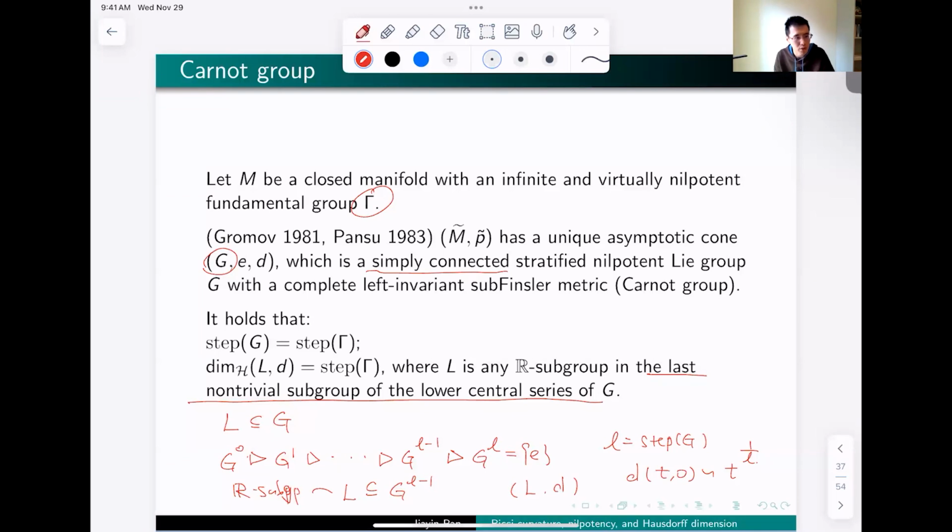A complete manifold with non-negative Ricci curvature. In what sense can you generalize these things? And in particular, we have already seen that the first one may not have a good generalization, because you can have gamma a torsion-free nilpotent group, but G becomes abelian if you start with a complete Riemannian manifold now.